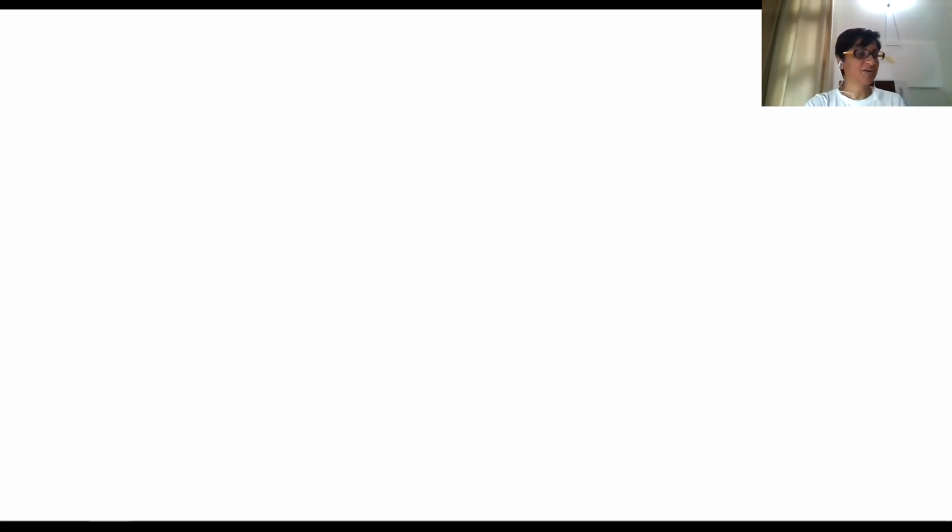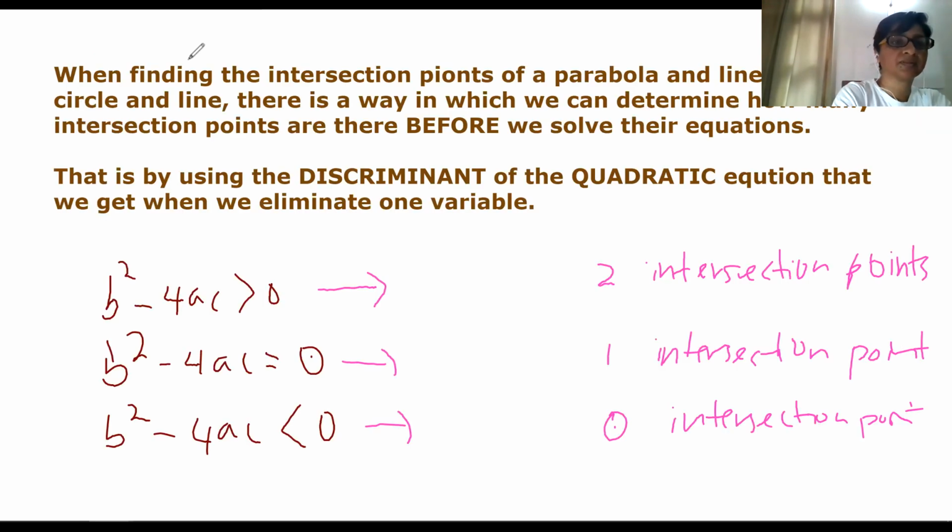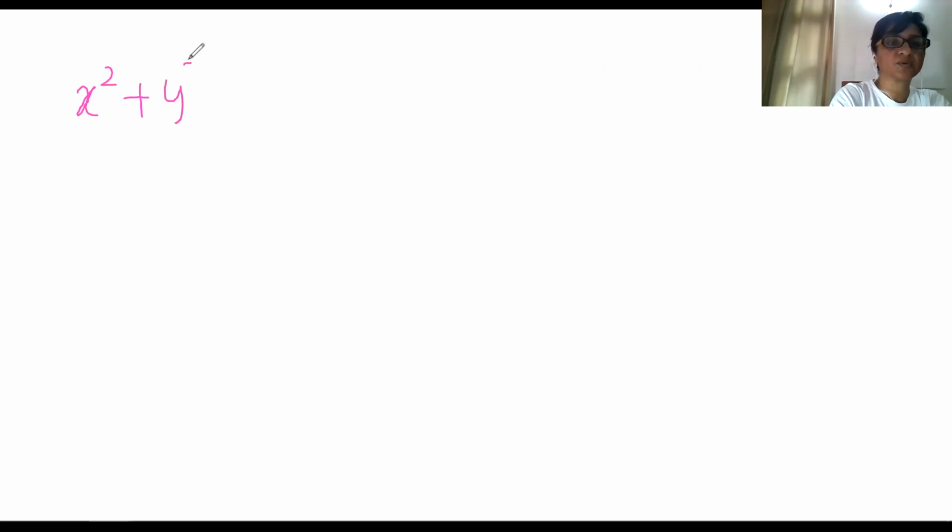Here's the equation of the circle: x squared plus y squared equals 8, and the line y equals x.